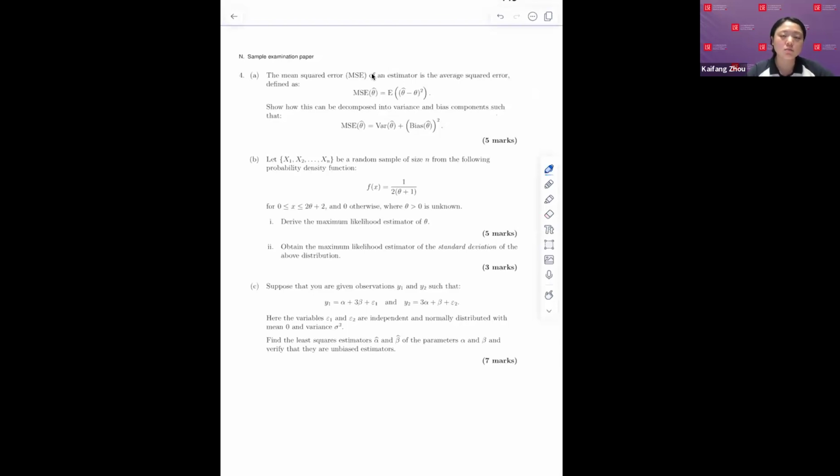This is the mean square error of the estimator, and we define the mean square error of the estimator in this way. You need to be able to derive the proof to decompose this mean square error into the sum of the variance of theta hat and the square of the bias of theta hat. Make sure you go through this proof; it will probably come out in your final exam. This is one type of question that will ask you to prove something.